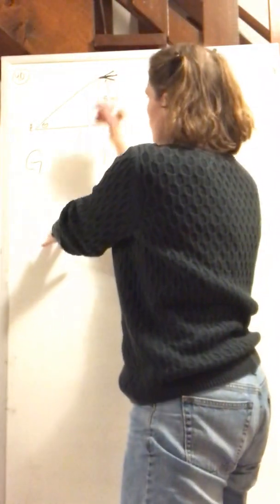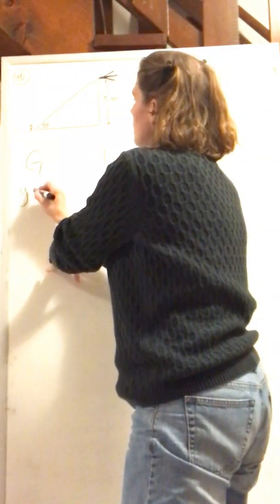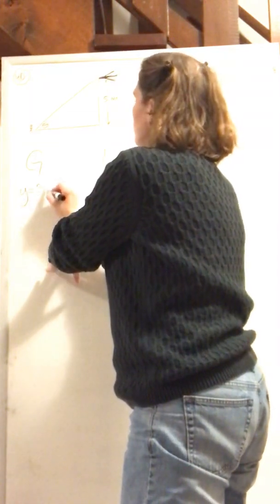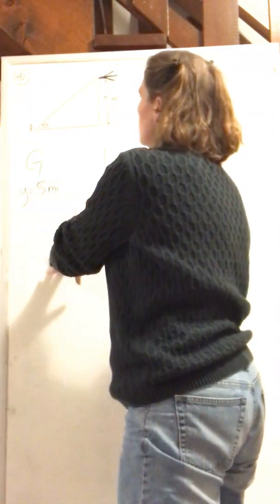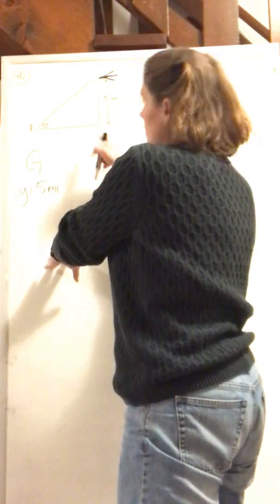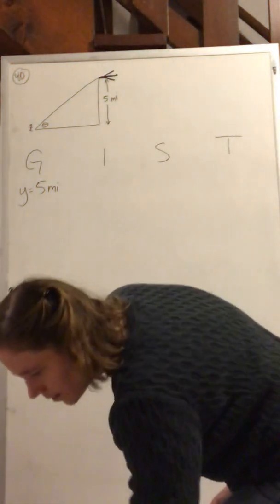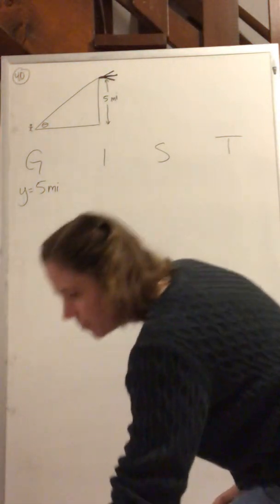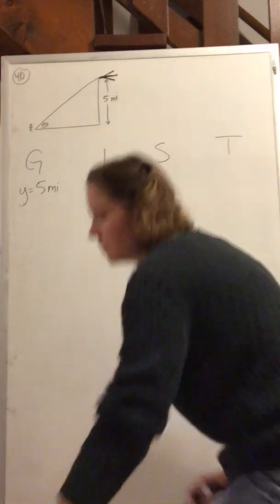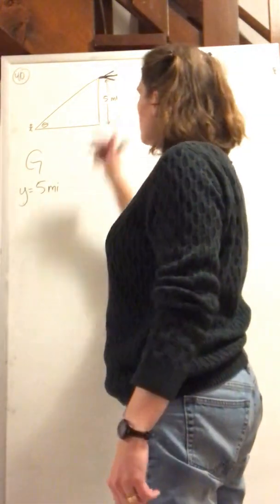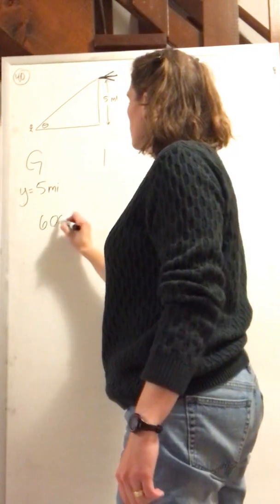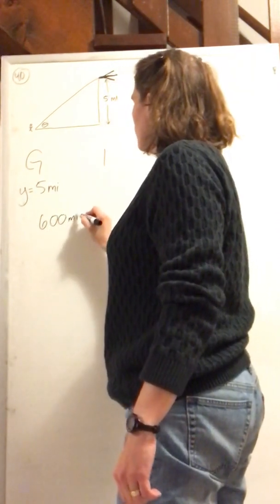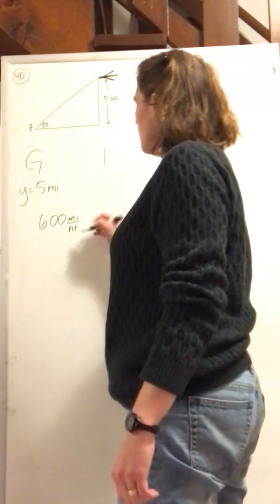So our y is 5 miles. We don't know what our x is. We don't know how far away that is. But we do know that the plane is moving at 600 miles per hour.